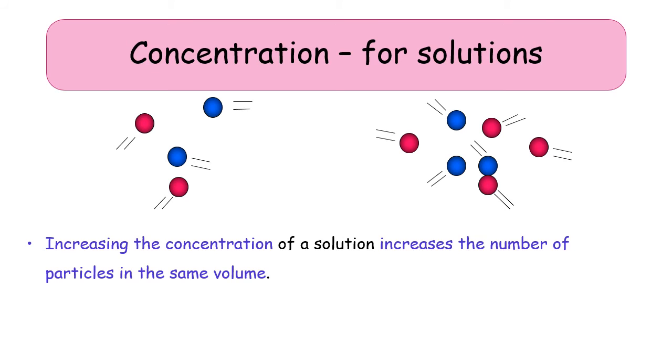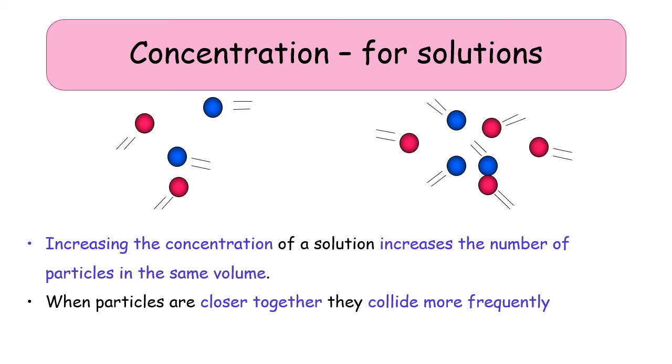Low concentration means that we have not many particles in the same volume. High concentration means that we have more particles in the same volume. Now what this means is that particles are much closer together the higher the concentration, and the closer things are to one another, the more frequently they are likely to bump into one another.